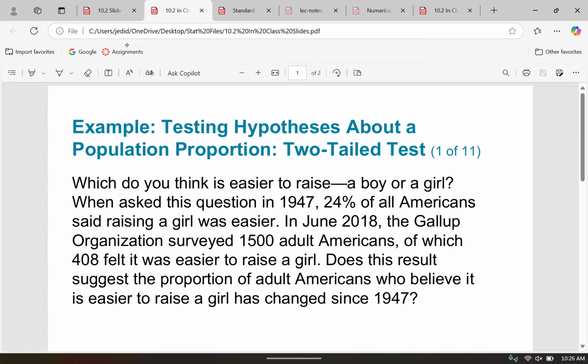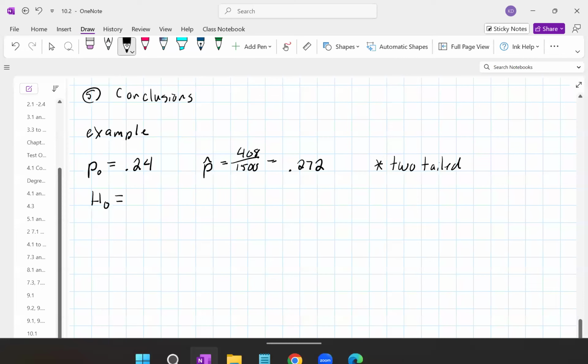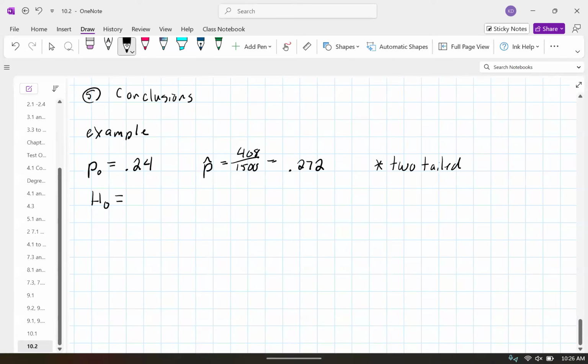What's our null hypothesis? Any takers, anyone brave?